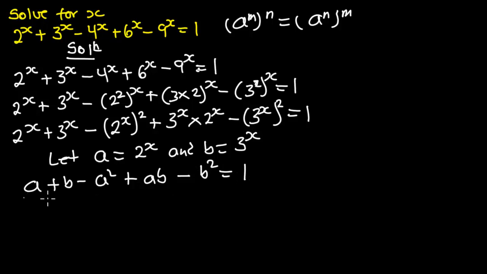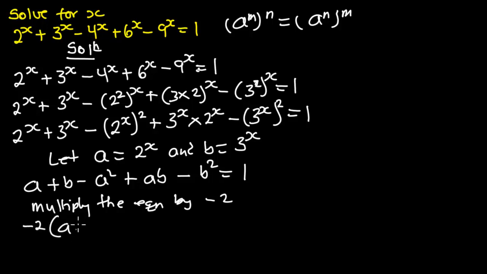Now from here let's go ahead and multiply the equation by negative 2. So I'm going to multiply the equation by negative 2, and so we are going to have -2 times (a + b - a^2 + ab - b^2) equal to 1 times -2.